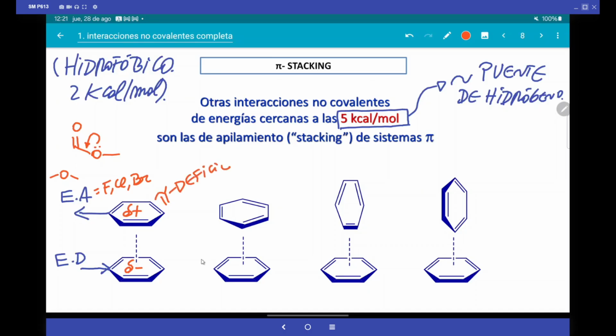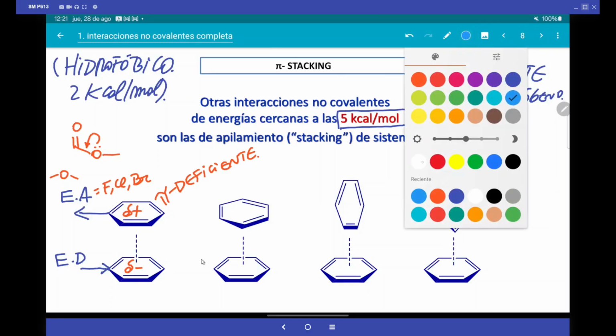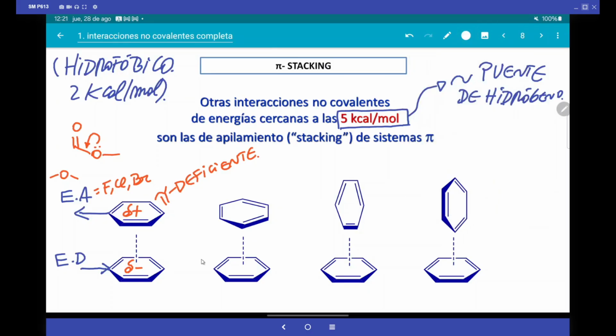Example, I am going to do it right here. Look, I am going to erase here, and I am going to draw here at this end a nitrogen atom.